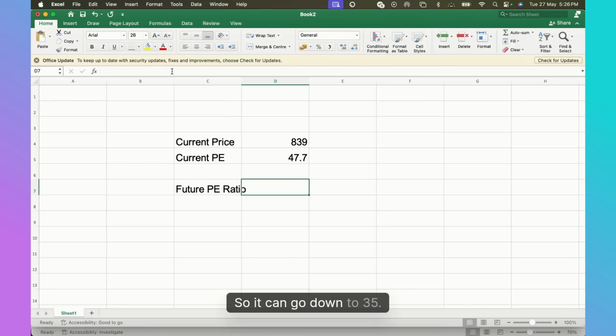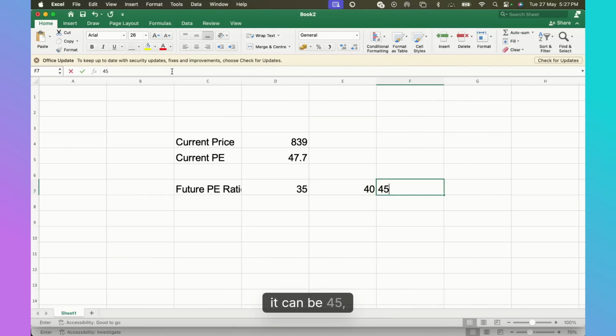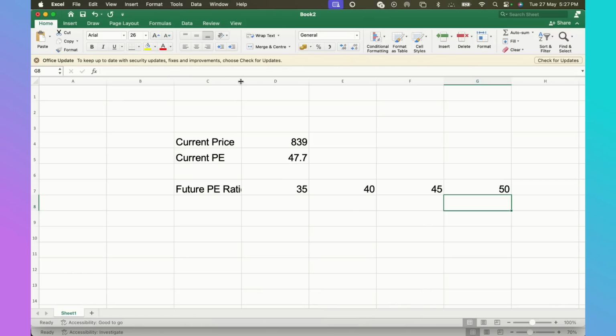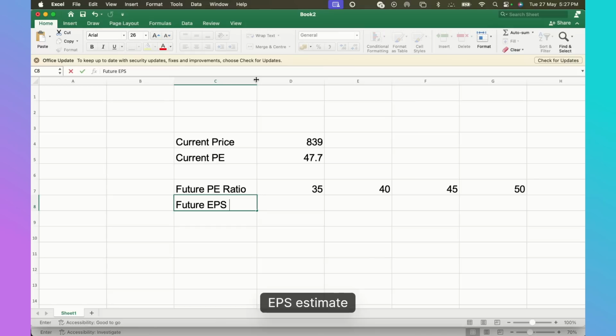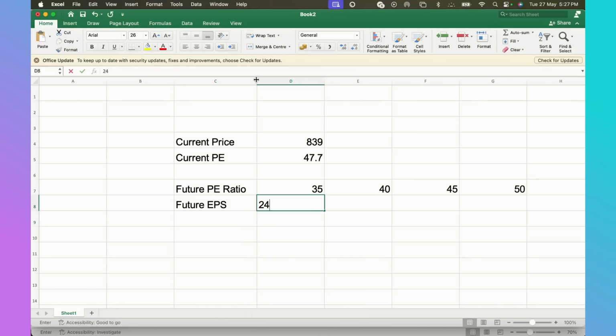So it can go down to 35, it can be 40, it can be 45, and let's say it can be 50, right? So any of these things are possible. What's your future EPS estimate that we just made? Sorry, EPS estimate is 24. Yeah, that's what we said.